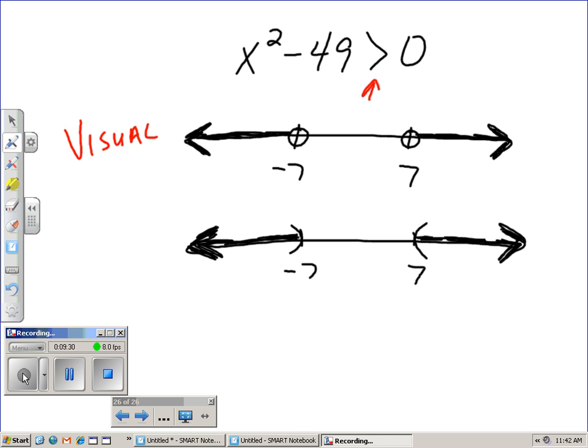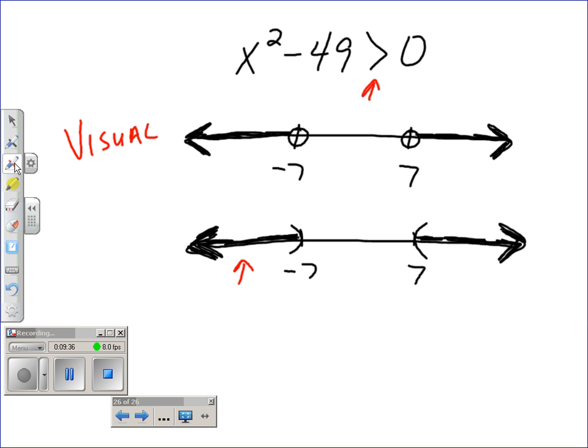Now, for our final answer, we have to write it in interval notation. Let's look at this left interval. How do I express that interval going from left to right? On the left, it's going out to -infinity, comma, and on the right, it goes to -7. So I'm talking about the interval from -infinity to -7. Is -7 included?